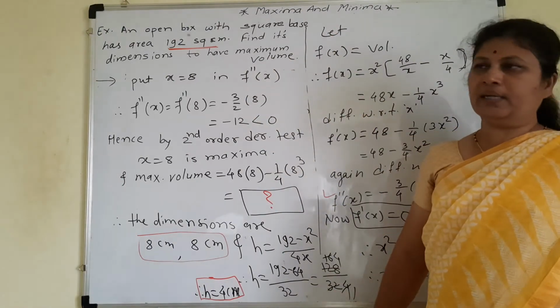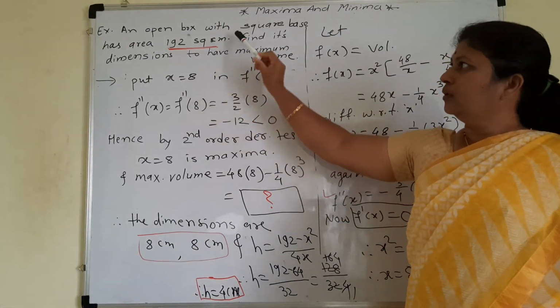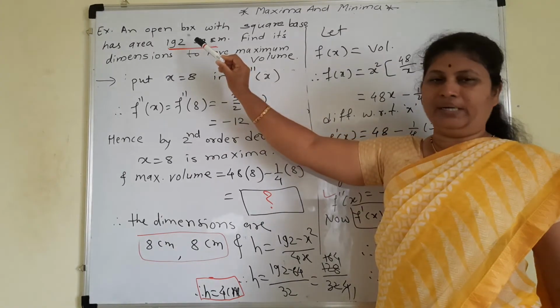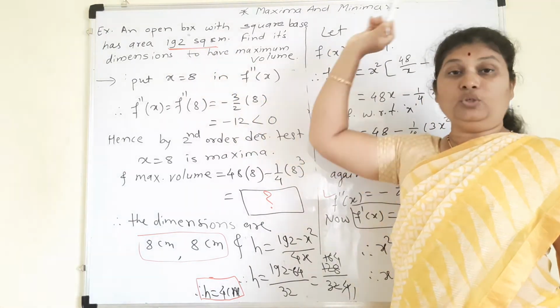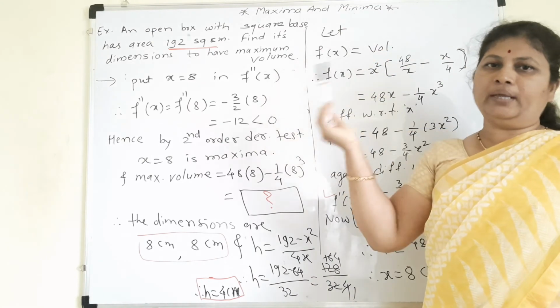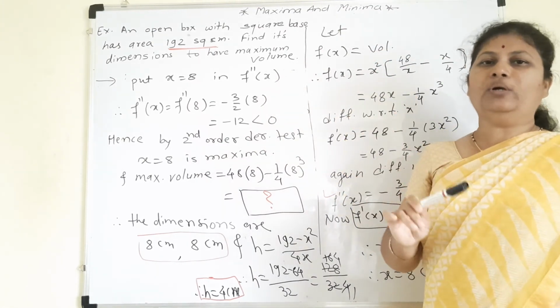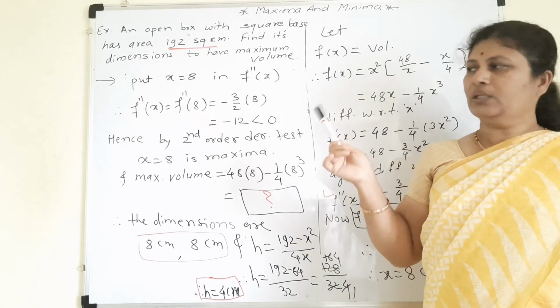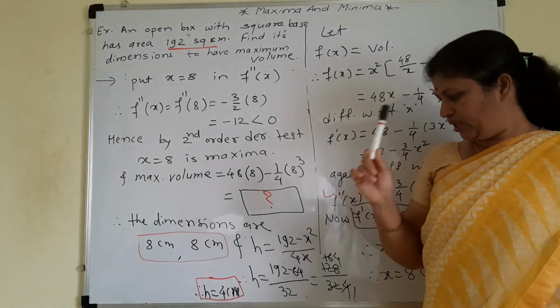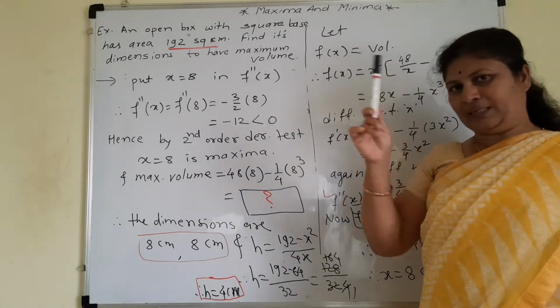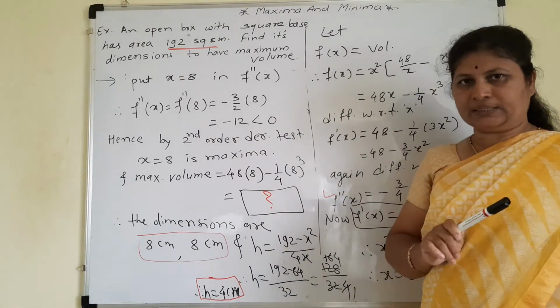Let us revise it again. Here the area of the box is given as 192 square centimeter. We used the formula: area of the base x square and area of the four sides 4 times x into h. Then by using that we find h. H in terms of x is equal to 192 minus x square upon 4x.